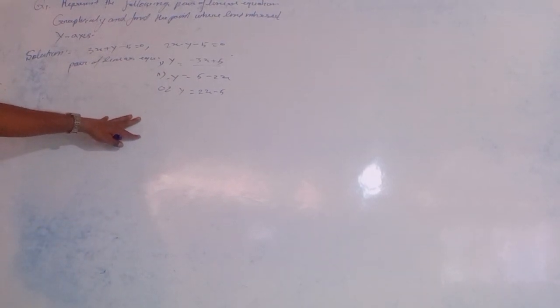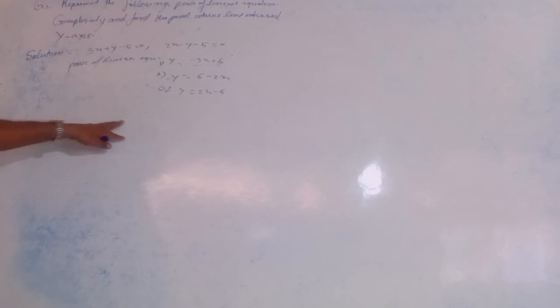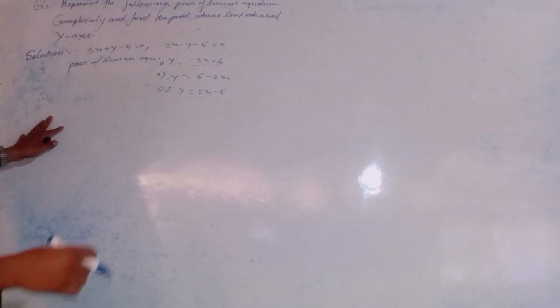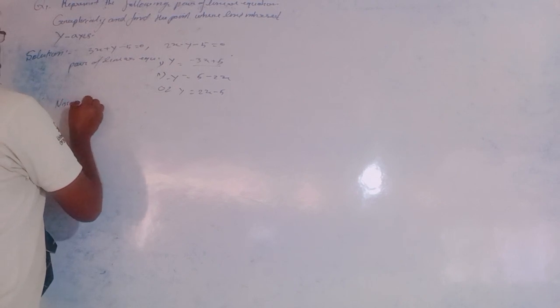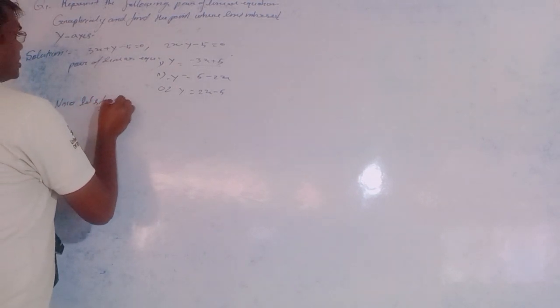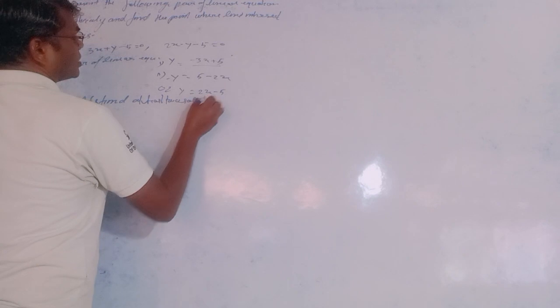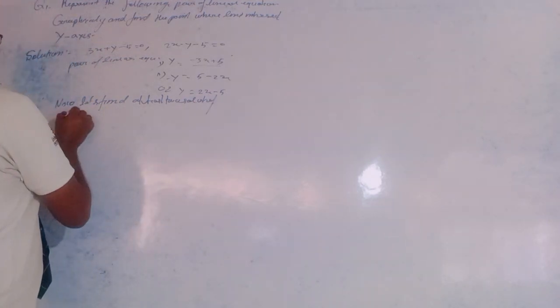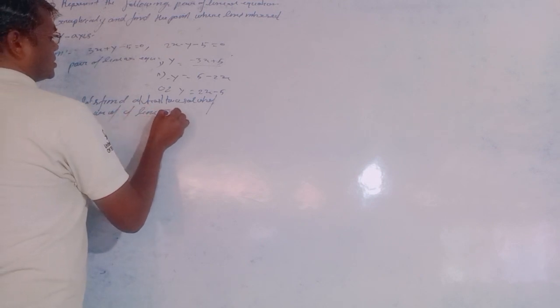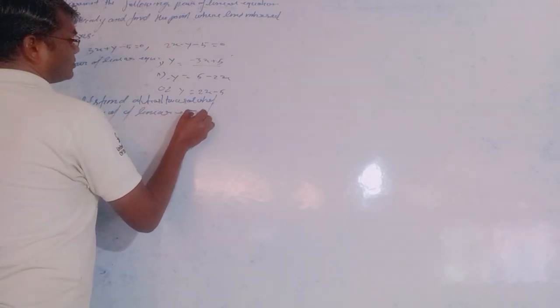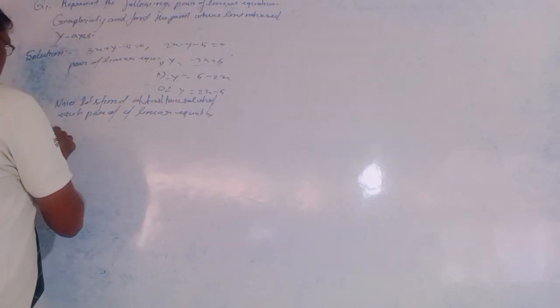Now, for the given pair of linear equations, let's find at least two solutions of each equation. Let's graph first.